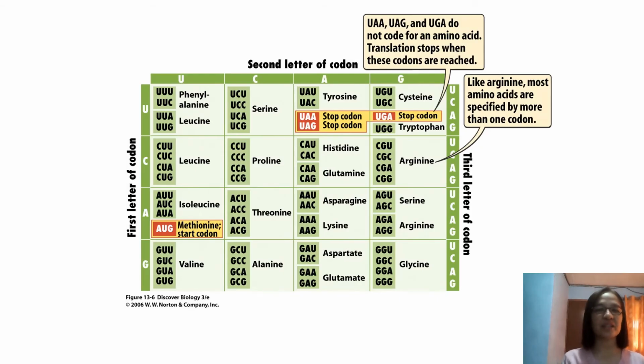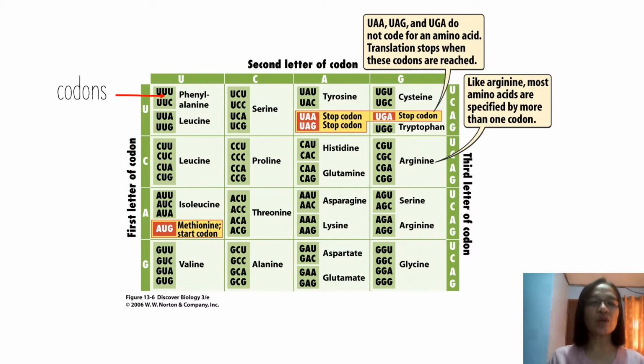How about this one? U is uracil, C cytosine, A adenine, G guanine. And those are nitrogenous bases. Kapag nagsama-sama yung tatlong nitrogenous base, codons naman ang tawag doon.